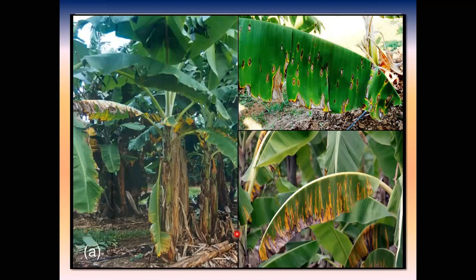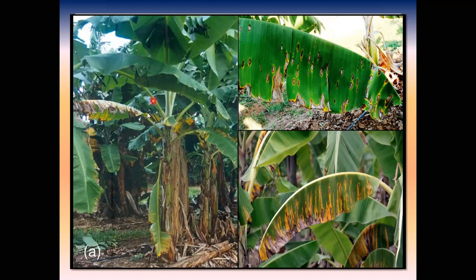Nowadays this is the most common disease seen in India, especially in Assam, Tamil Nadu, Karnataka, Maharashtra, and Andhra Pradesh. Significant yield losses are generally seen in banana due to Sigatoka leaf spot, that is 10 to 30%. So this is the most important disease.